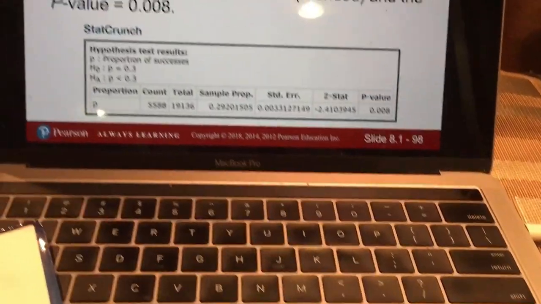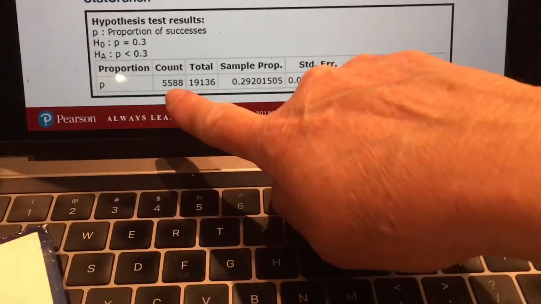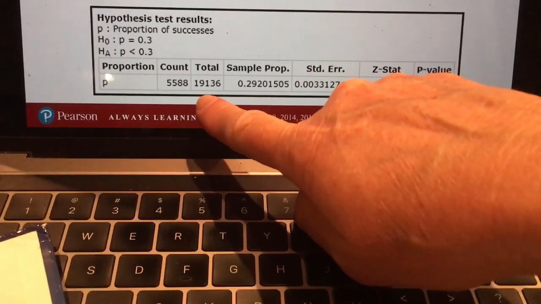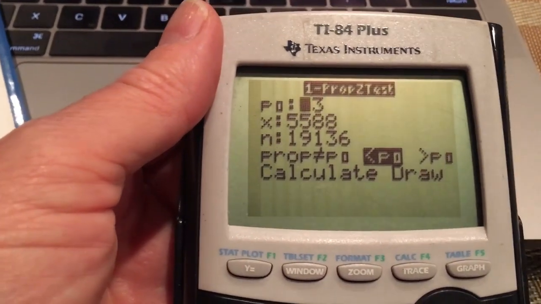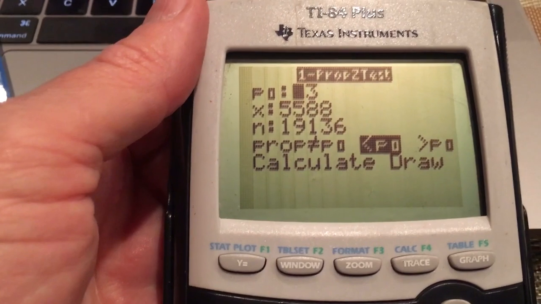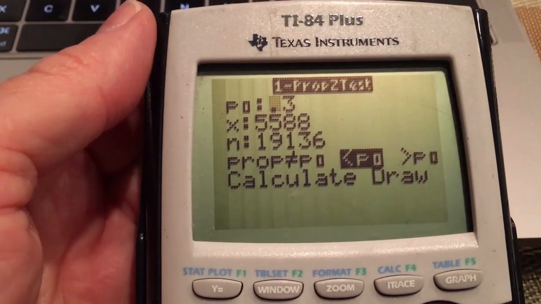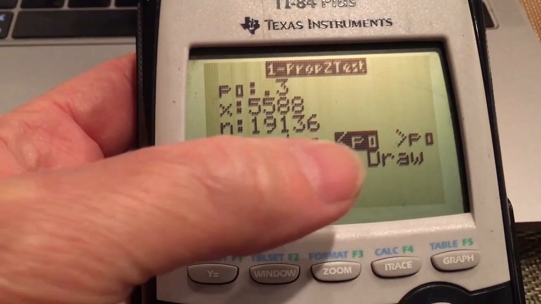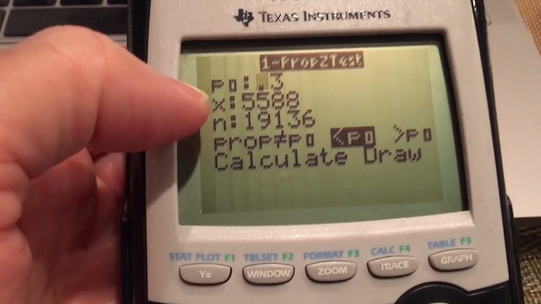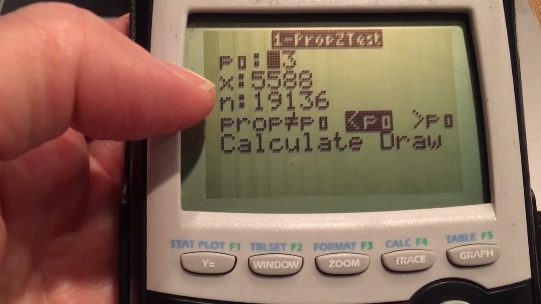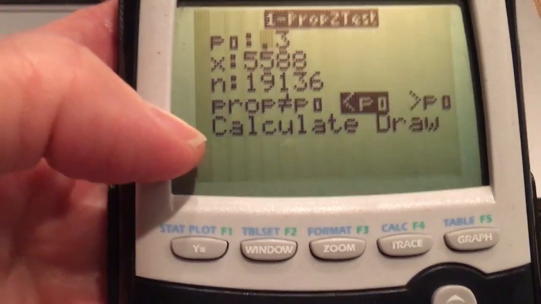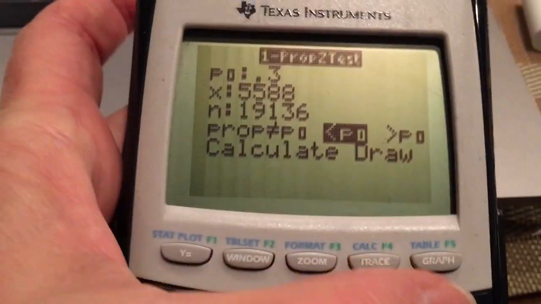Remember, to get this, I had to put in the count and the total. Here was the data that I put in before I entered it, because it's p less than 0.3, I had to move it over here. I had to put in my x, which we found earlier in the example, my n, and then I calculated it.